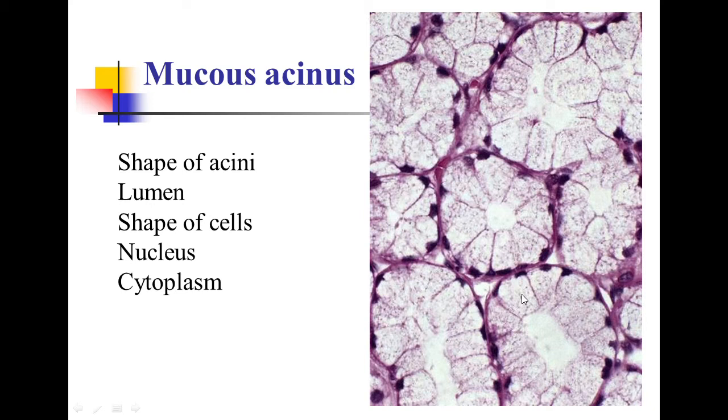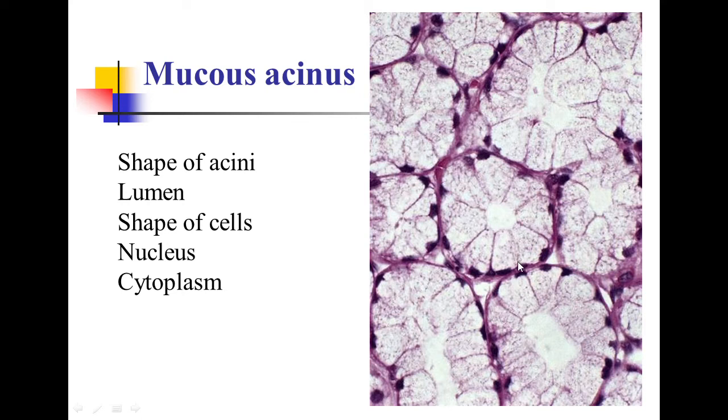The serous acinus is rounded in shape. The mucus acinus is rounded or oval in shape. Then the lumen of the serous acinus is narrow, while the lumen of the mucus acinus is wider as compared to the serous acinus. In serous acinus the cells are pyramidal in shape. In mucus acinus the cells are columnar in shape.